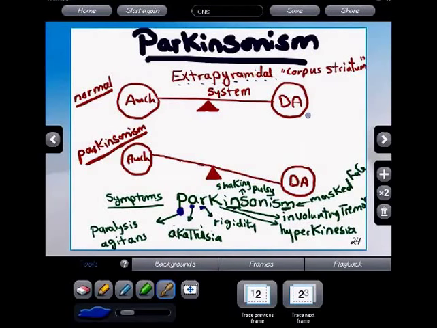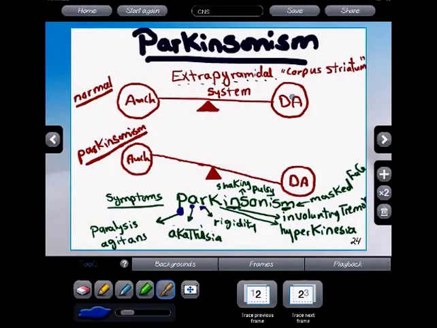This balance allows the person to move very well, with a rhythm in the movement.